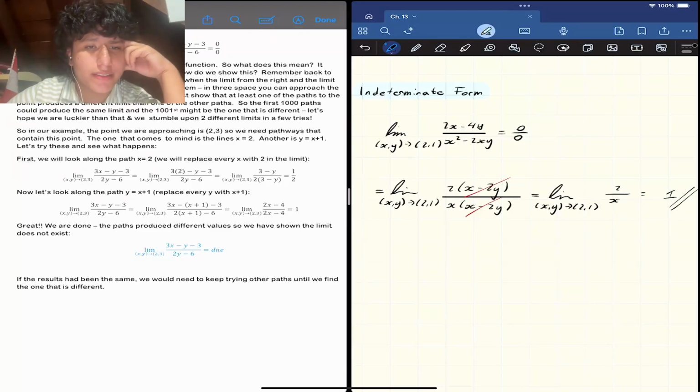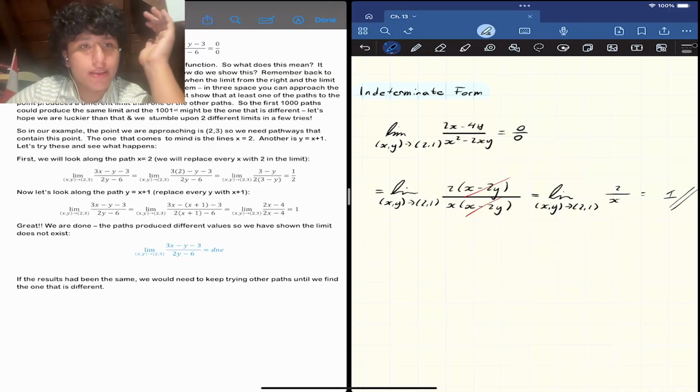So here we're going to replace every y with x plus 1. When we do that, we get the limit as x and y approach 2 comma 3. We get 1. So we can replace both x and y. If we replace y with x plus 1, we get a different value than if we were to do x equals 2. So that's pretty cool.